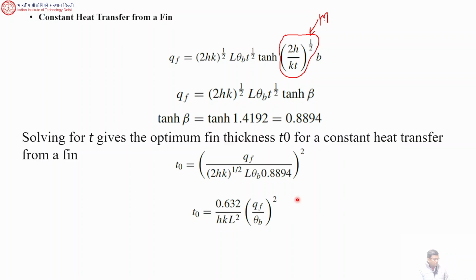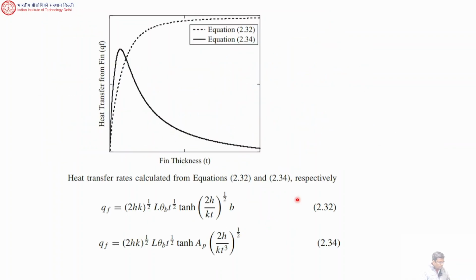Now we'll also talk about what is given in the book as constant heat transfer from a fin. We have to keep these curves in mind and also these two expressions. What you can do is write these two expressions in your copy, and I hope you've already sketched the profiles in your copy.